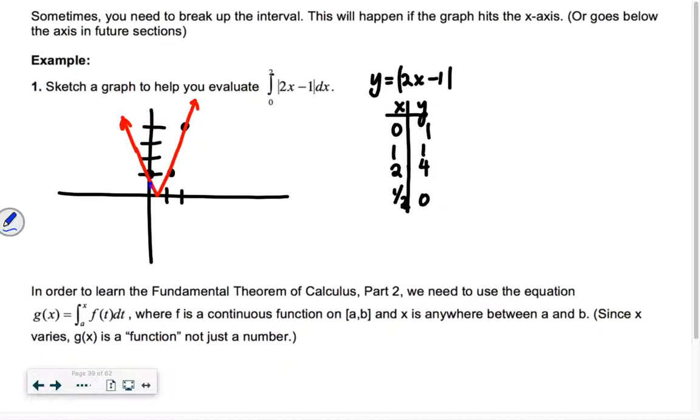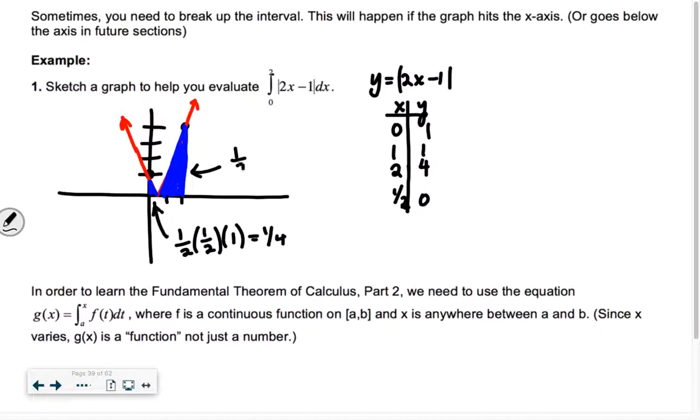So we end up with two triangles. We have a little tiny triangle there, and we have a much larger triangle here. So we want the area of those two triangles. The first area is 1/2 times base 1/2 times height 1. So it's going to be 1/4.